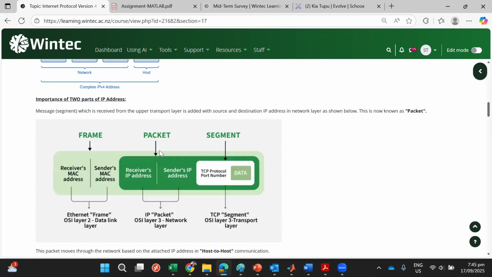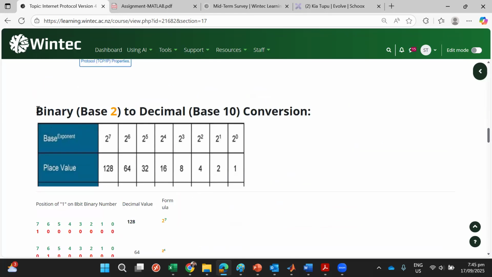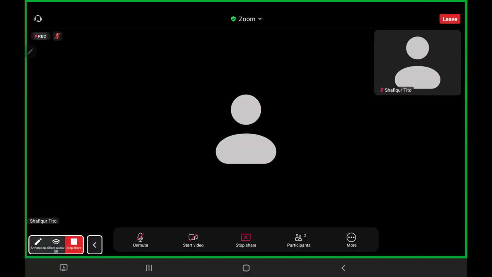So that will be our first thing to learn for today. We have started with binary to decimal number conversion, and I will stop sharing this screen and share the other one so that we can discuss.